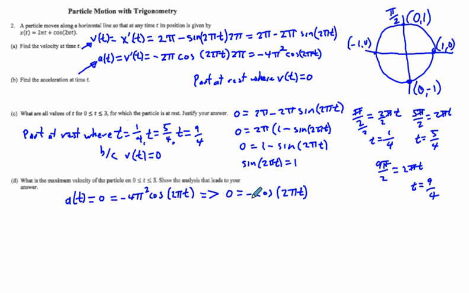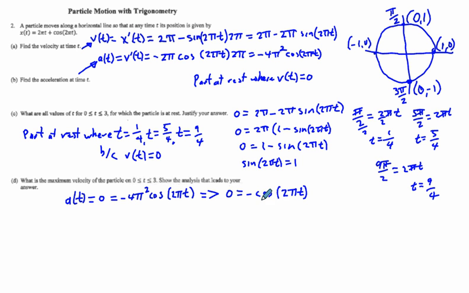And where does that occur? Well, where we have cosine equal to 0 is right here at pi over 2 at the top of the circle, and also at the bottom of the circle at 3 pi over 2.